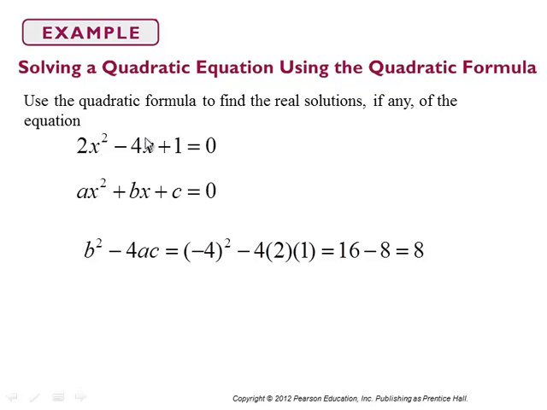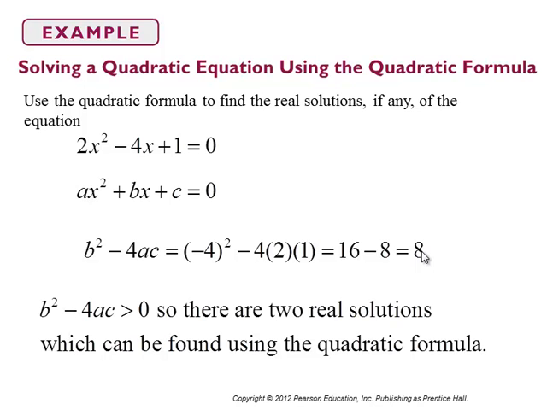Remember, b is negative 4, a is 2, c is 1. So that means that b squared minus 4ac is equal to 8, which is a positive number. So that means that we are going to have two distinct solutions.